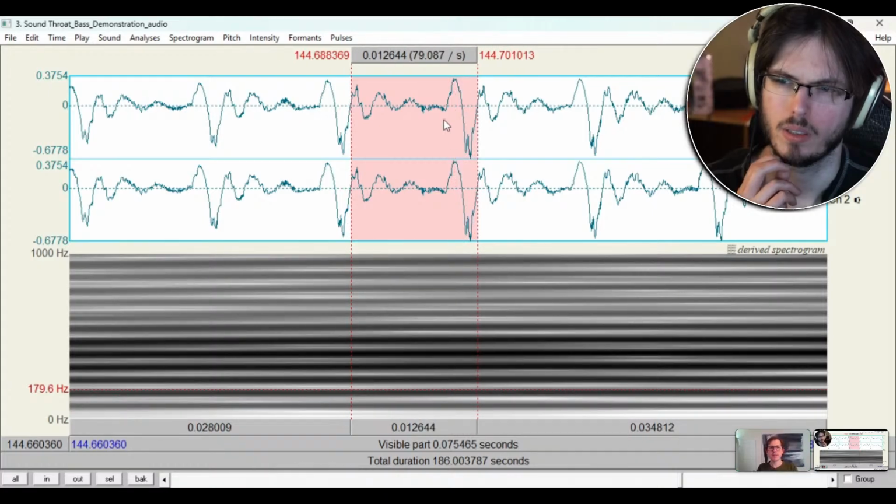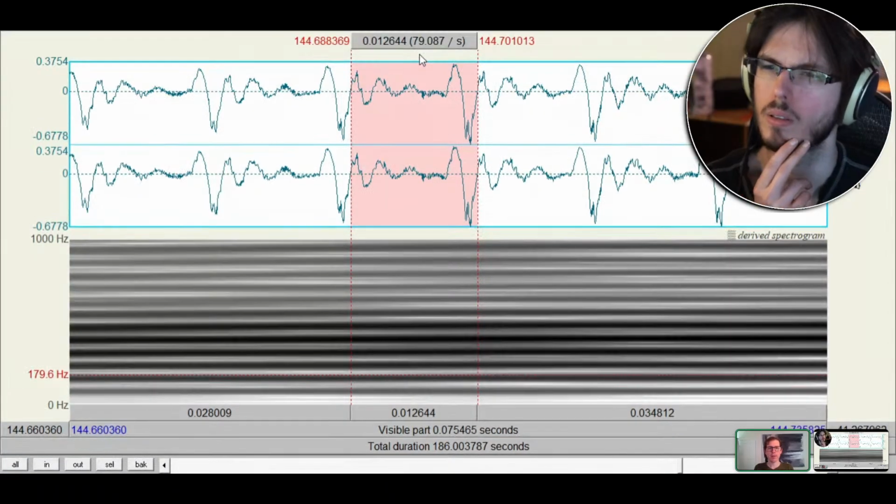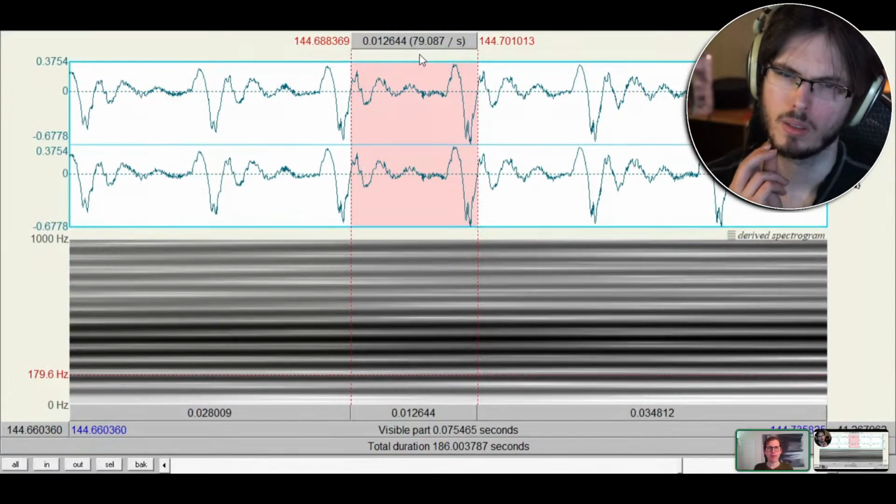And now we see that we're getting vibrations closer to 80 hertz, 80 vibrations per second. Now, this part is really, really important. This is the thing that makes the throat bass.